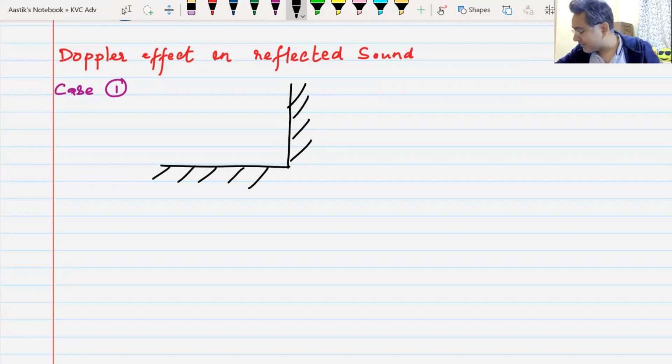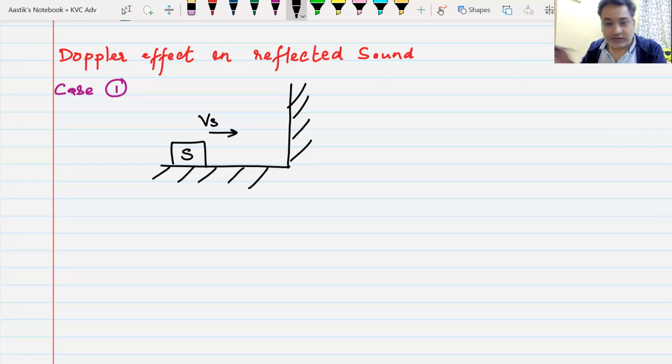Do we understand what I'm saying? Now, if this is your source S and this is moving with a velocity Vs towards the hill or a wall, it is emitting sound with a frequency of Fs, and c is the speed of sound.